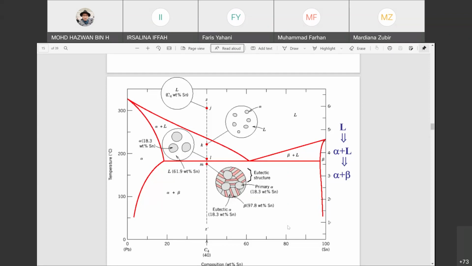I hope it is clear, because I'm not going to explain it in the notes. The same concept, you will see the same microstructure, except that now we are looking at a composition with more beta, so it will be primary beta formation rather than alpha.